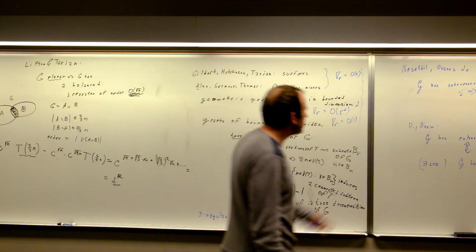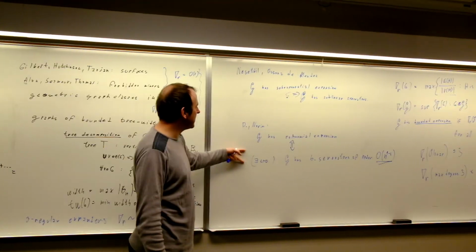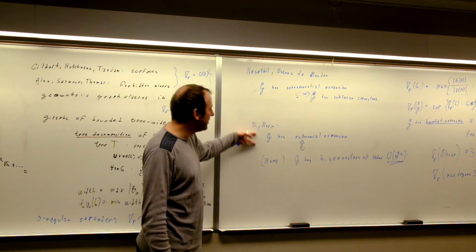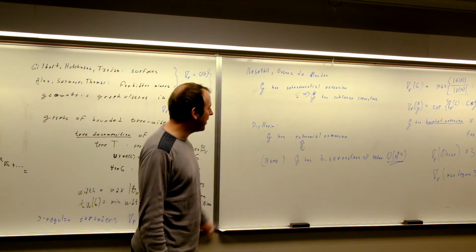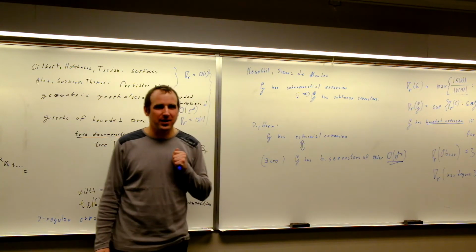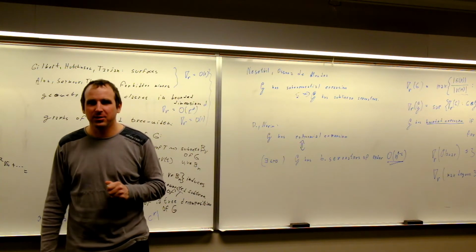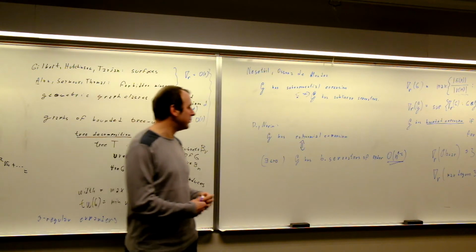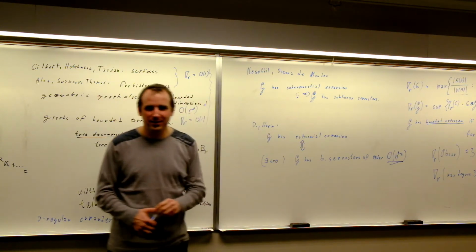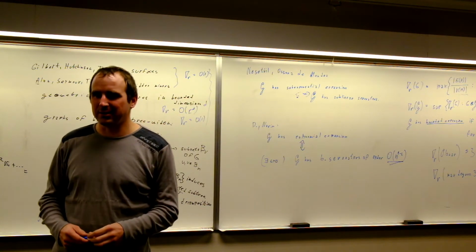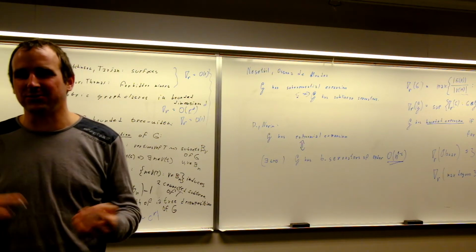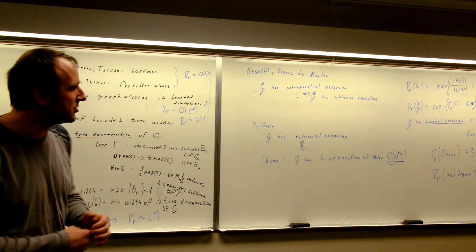And so actually this is nice from the point of view that this gives you a way to prove that the class of graphs has bounded expansion. And it turns out that usually it is easier to prove that a class of graphs has small separators than it is to prove something about expansion.